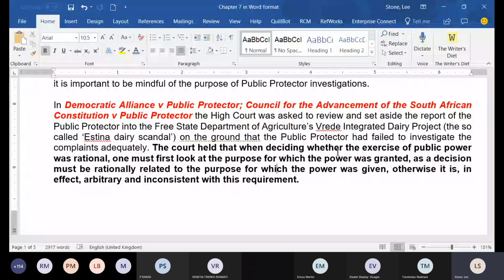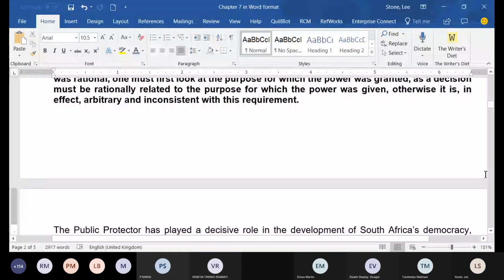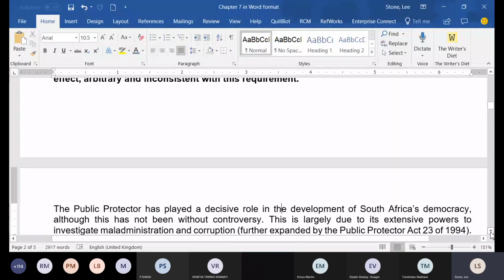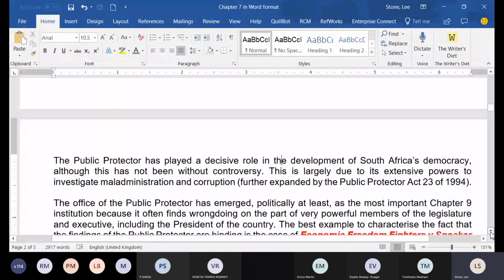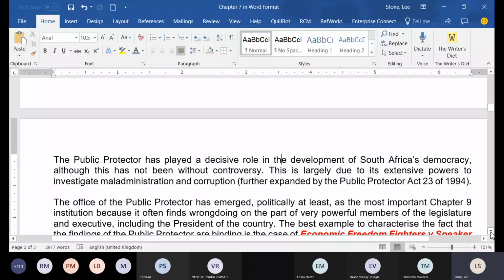It is possible to have the decisions of the public protector set aside if they are irrational. But in all other respects, at a minimum, what we're expecting is that the public protector exercises her powers in good faith and strictly interprets the law that governs her conduct, so the Constitution and the Public Protector Act, and juxtaposes that with the facts presented to her.